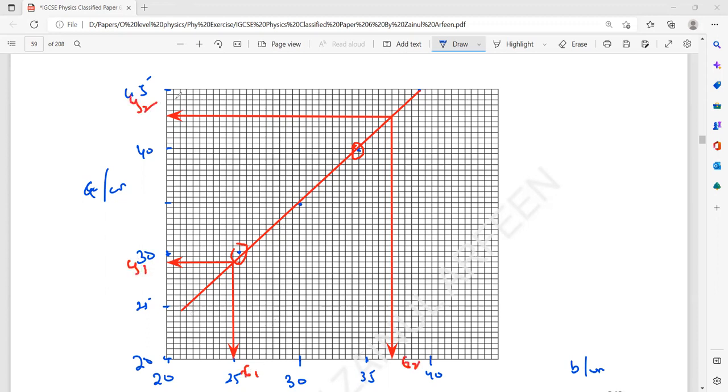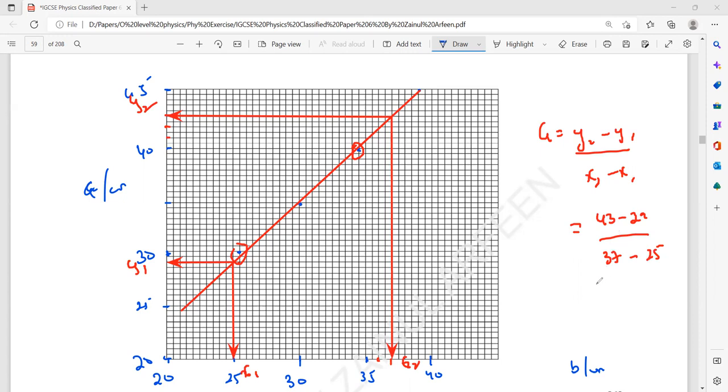x2, y2. And what is the gradient? The gradient is y2 minus y1 over x2 minus x1. So what is y2 here? This is 40, 41, 42, 43. So that is 43, minus y1, which is 29, divided by x2, which is 37, minus x1, which is 25.